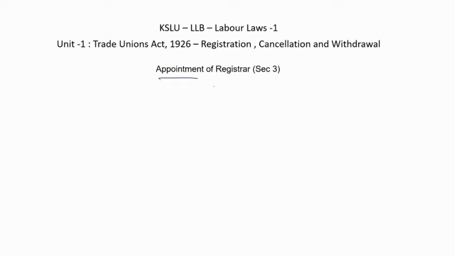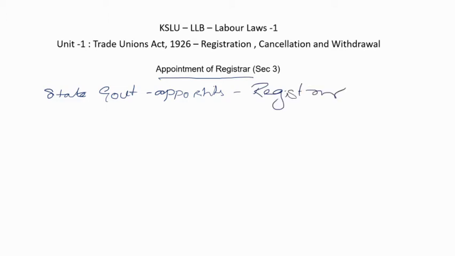This is appointment of a registrar, Section 3. According to this section, the state government appoints the registrar. Who is going to appoint the registrar? It is the state government's responsibility to appoint a registrar. But based on the needs, a state government can appoint additional registrars and deputy registrars.